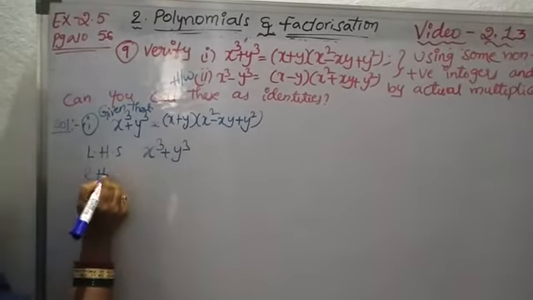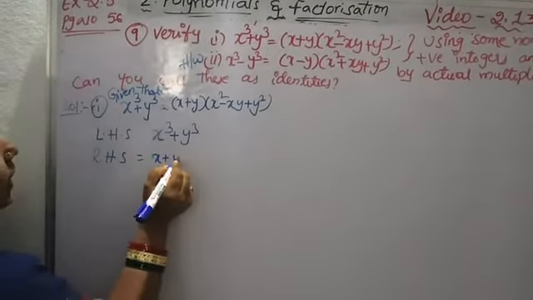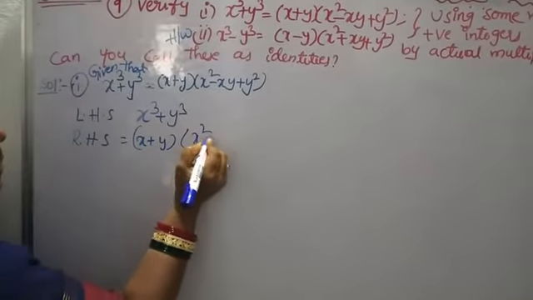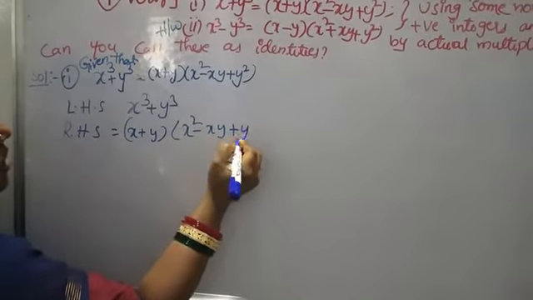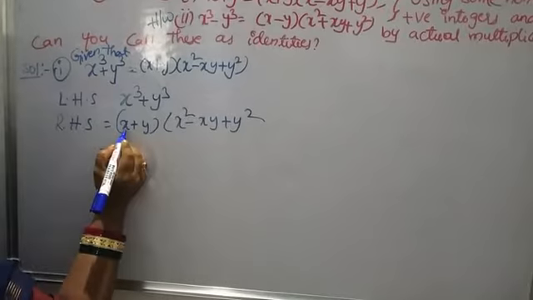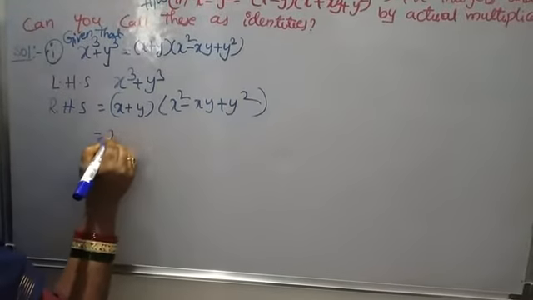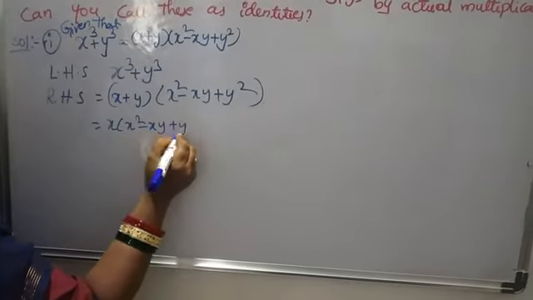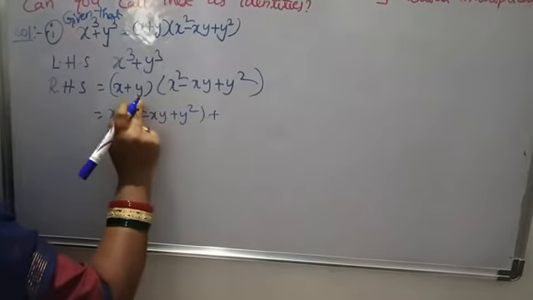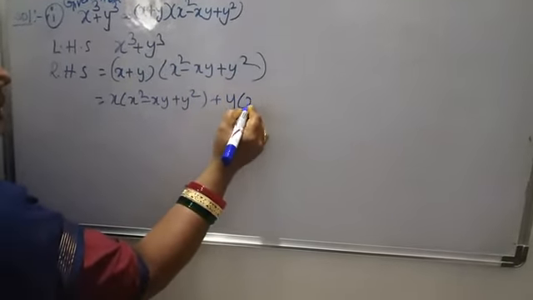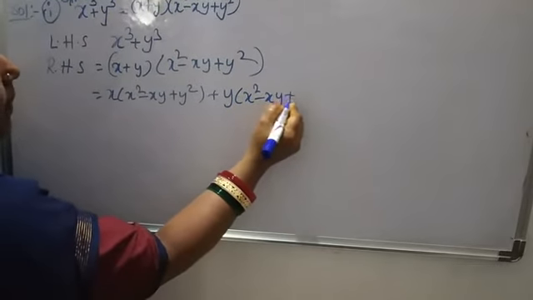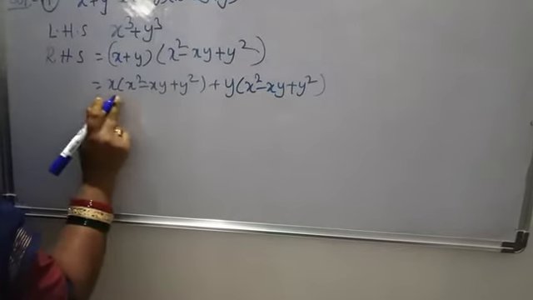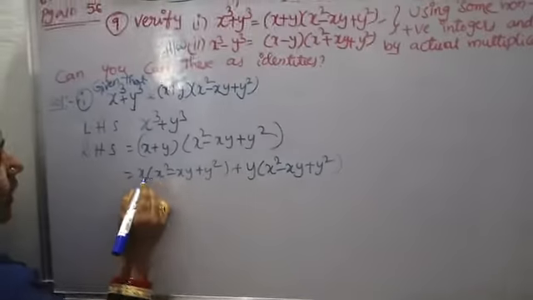The RHS is (x plus y) into (x square minus xy plus y square). Now we should multiply x with the second term. x into the second term is x square minus xy plus y square, plus y with the second term, x square minus xy plus y square, and do multiply this, total x into x square.